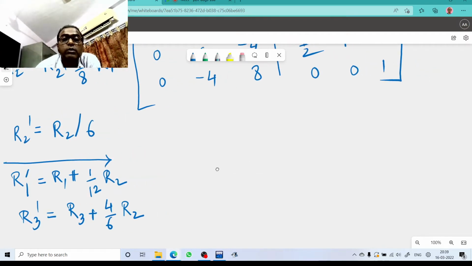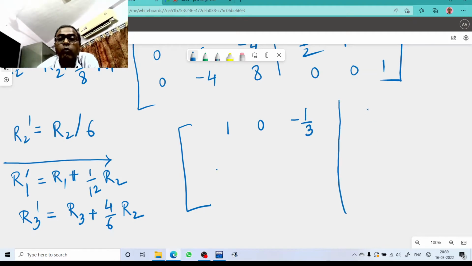So by this operation we get 1 0 minus 1 by 3, 1 by 6, 1 by 12, 0.